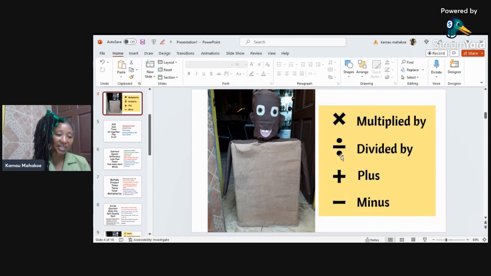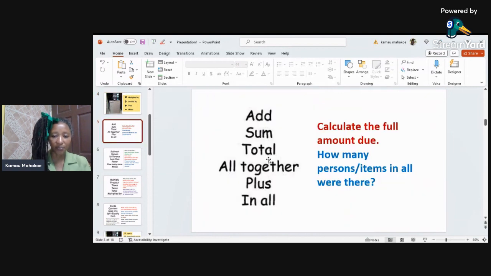We're going to go into each one now and talk about when we use these symbols. So the addition symbol, and these are other words that you might hear being used, which prompt you to know that you're supposed to add.